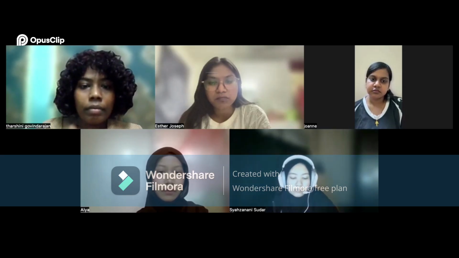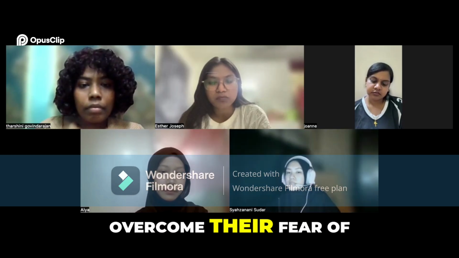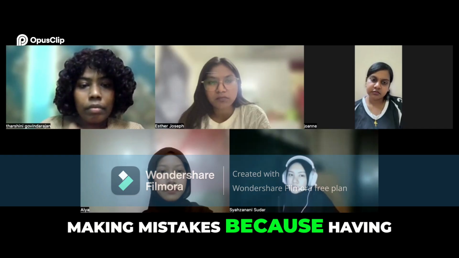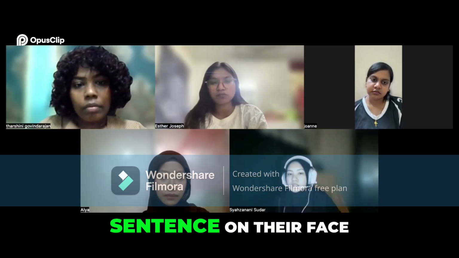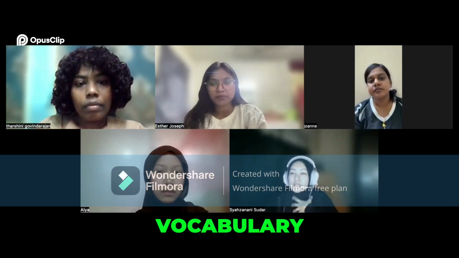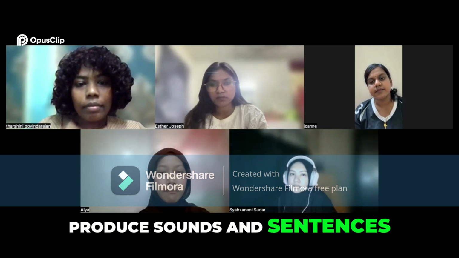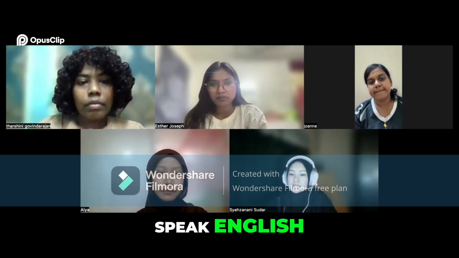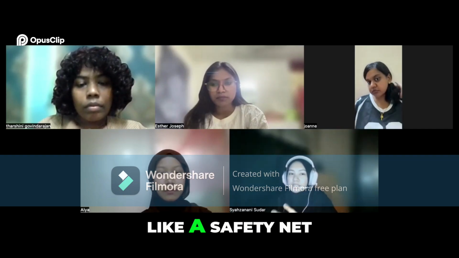These materials help them overcome their fear of making mistakes, because having a visual or written sentence in front of them gives them the vocabulary they need to actually produce sounds and sentences. Since they are really not used to speaking English, they need something, like I said before, like a safety net.